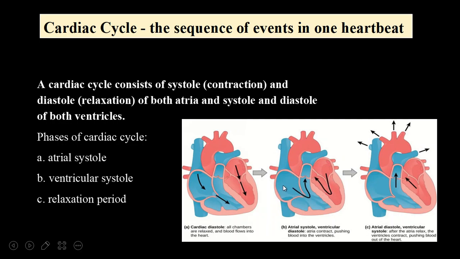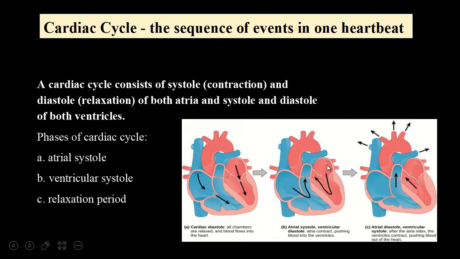So yung blood na na-accumulate dito sa right atrium and the left atrium will be pushed sa ventricles. So pag nag-contract ang atrium, mapupush yung blood dito sa right ventricle.